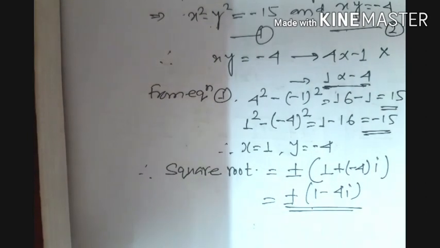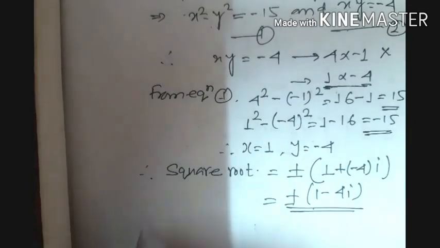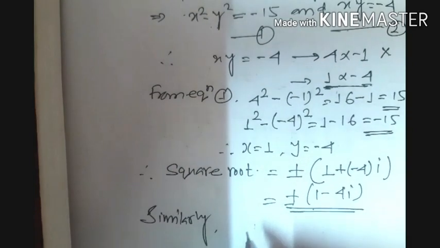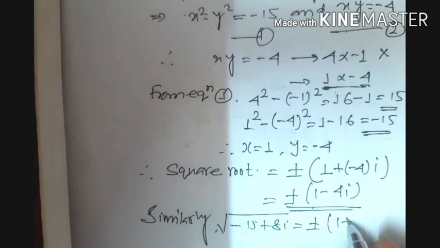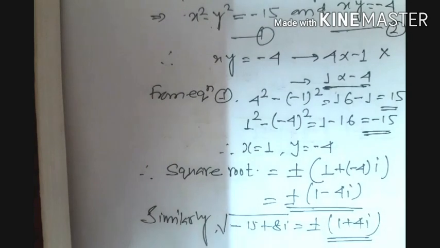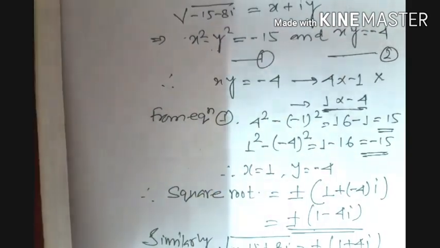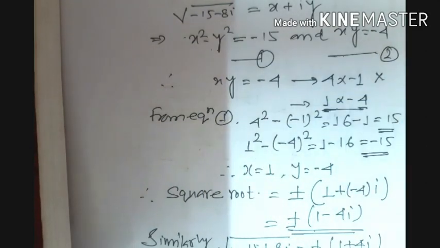Okay, so that's it. Similarly, I want to show you that for the square root of minus 15 plus 8i, what will it be? It will be 1 plus 4i, by using this method only. So again I repeat, you just have to do the method you have done initially in the descriptive method. By using this you have got x square minus y square equal to something and xy equal to something.